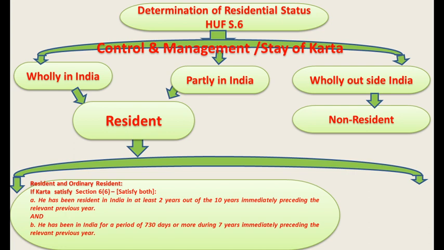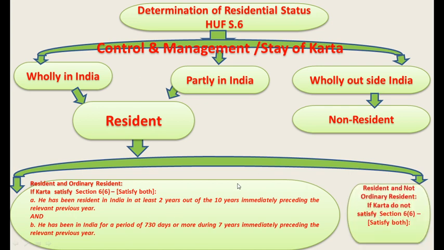And second, he has been in India for a period of 730 days or more during the 7 years immediately preceding the relevant previous year. If these two conditions are satisfied by the karta, then the status of Hindu undivided family will be resident and ordinary resident.